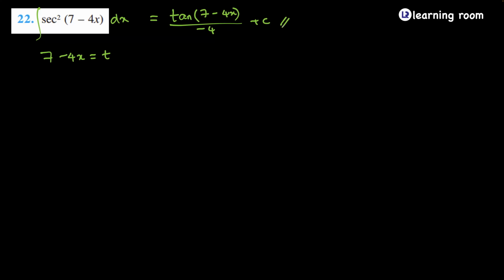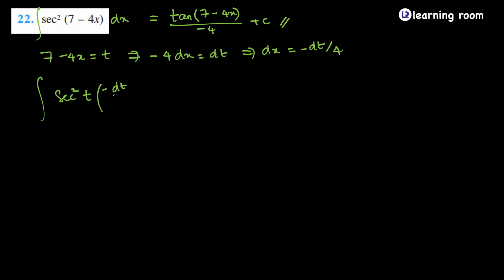So here what I'm doing is 7 minus 4x, I'm taking it as t. That implies minus 4 times dx is equal to dt. So what is the value of dx? Minus dt divided by 4. So integral of secant square of 7 minus 4x is t, and the value of dx is minus dt the whole divided by 4.